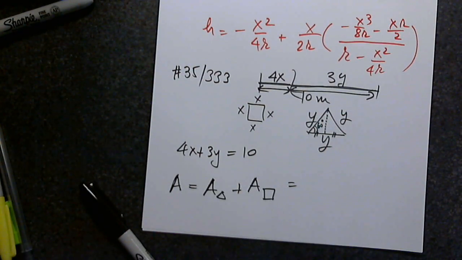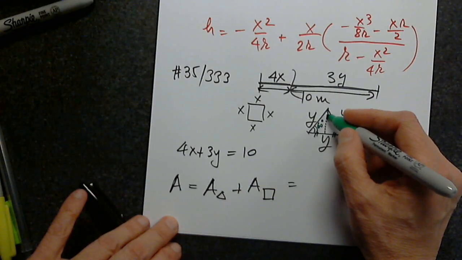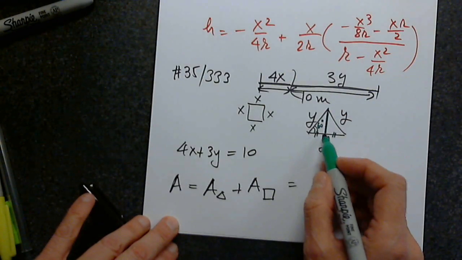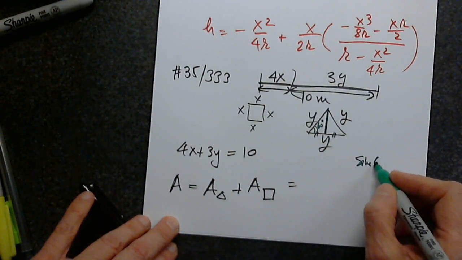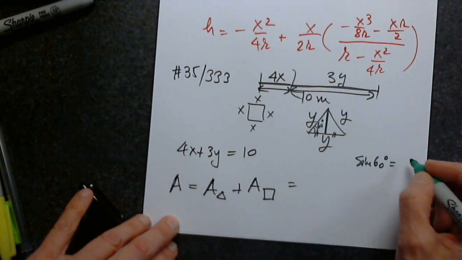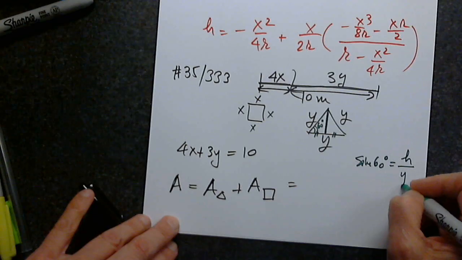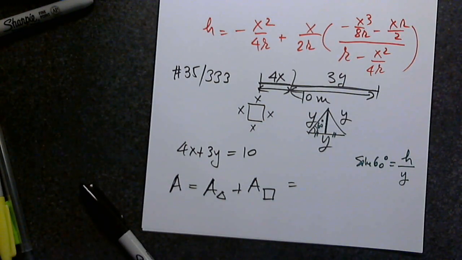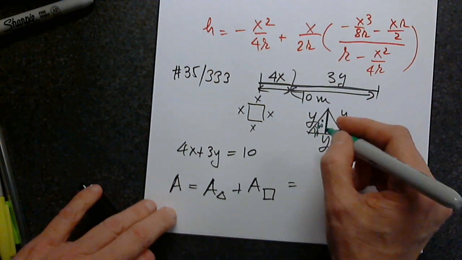We know that any equilateral triangle would have the same length, same dimensions, and same angles. So this is 60 degrees. So I can determine this height applying sine. Sine 60 degrees is the opposite over the hypotenuse. So it's the height divided by y. This being the height.